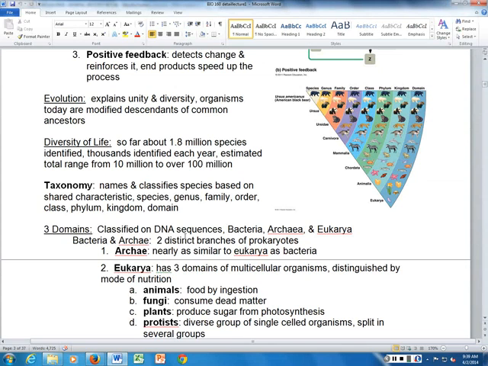So far we've identified about 1.8 million different species. Thousands of new species are identified every year. It's estimated that we have between 10 million to over 100 million different species. You may look and go, are they really finding that many new insects? You've got to remember, they're not necessarily organisms that you can see.